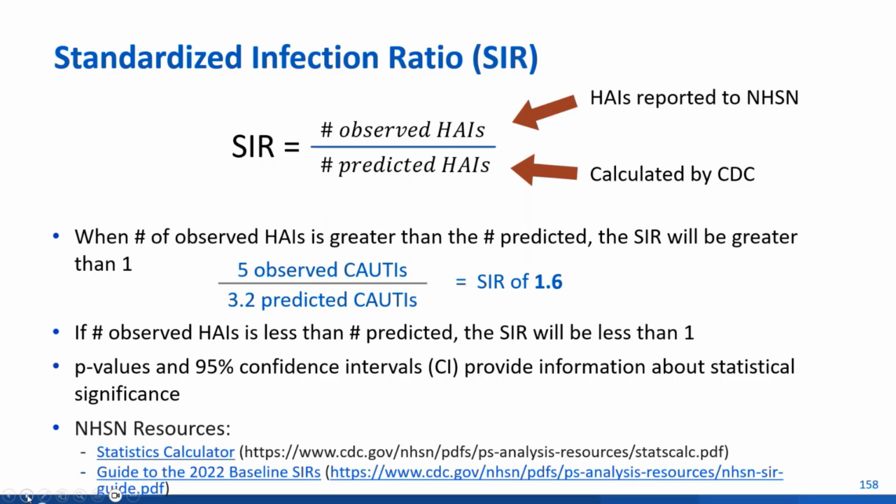These are statistical tools, and they help you determine if your SIR value significantly differs from 1, which is the national benchmark for similar facilities. On this slide at the bottom, I've included 2 resources that provide more detailed information about how the SIR is calculated. Next slide, please.